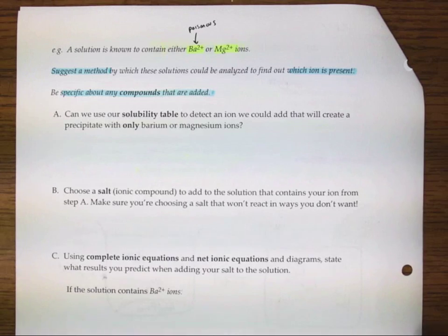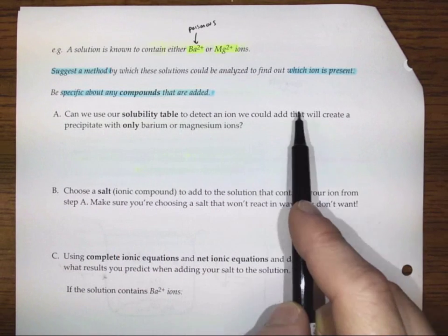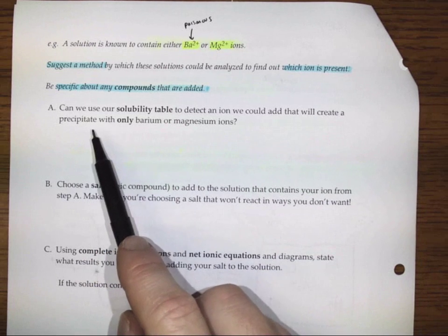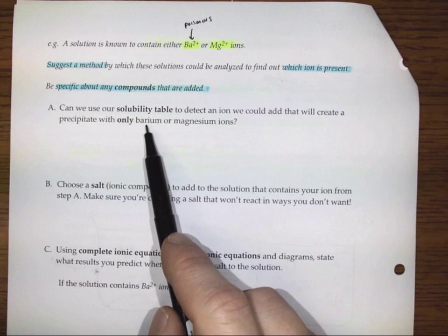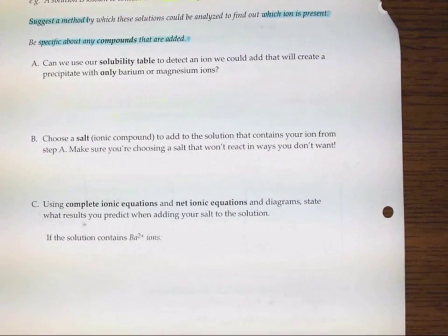So the first question is, can we use our solubility table to find an ion that we could add to our solution that will create a precipitate with only barium ions, or maybe it'll react with only magnesium ions? And that's the question.